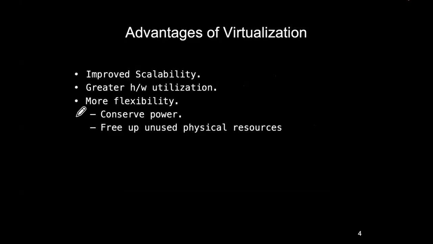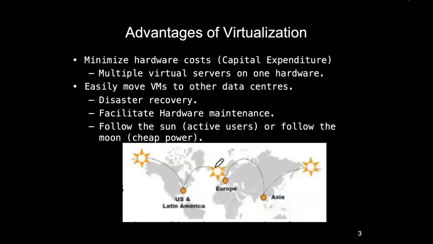Also, improved scalability. Scalability is always a very important thing when you're talking about applications that are available to a global user base. And so typically with scalability, if I go back to this image that I have, what you might have is multiple VMs running the same applications scattered across the globe.